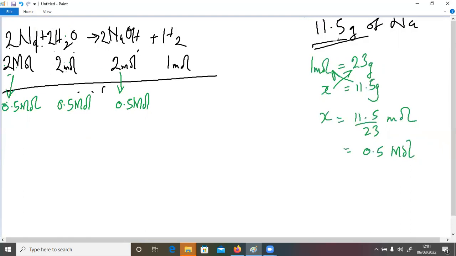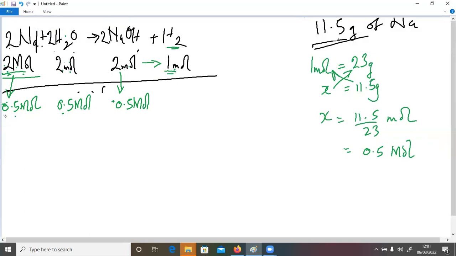Two moles gives you 2 moles. 2 moles reacts with 2 moles, gives you 2 moles. So it means half a mole will react with half a mole to give half a mole of sodium hydroxide. But what about the relationship with the hydrogen produced? If 2 moles produce 1 mole, I divide 2 by 2 to get 1.